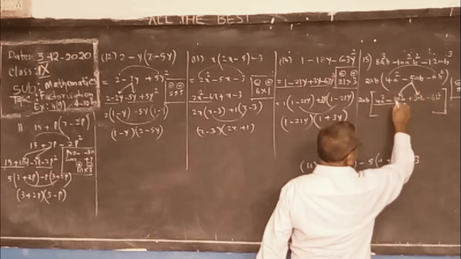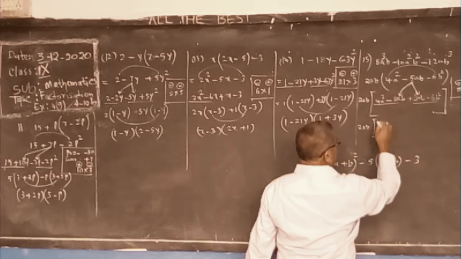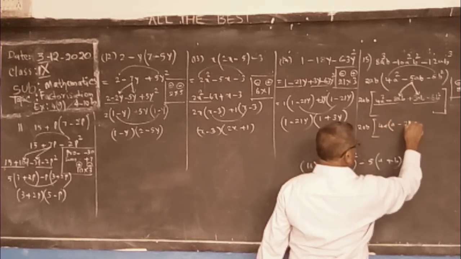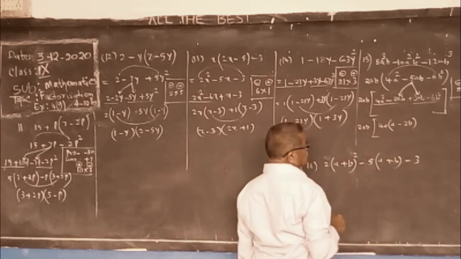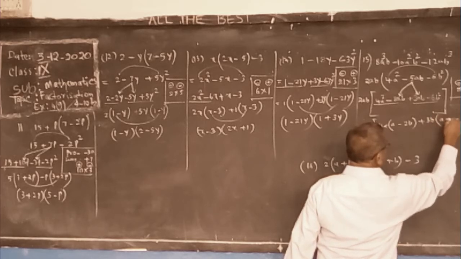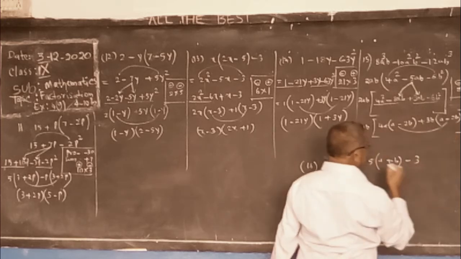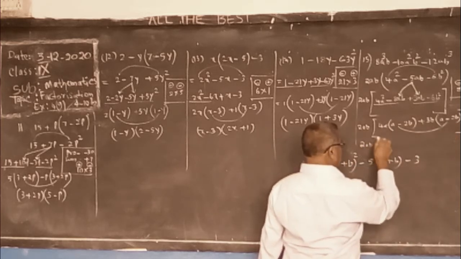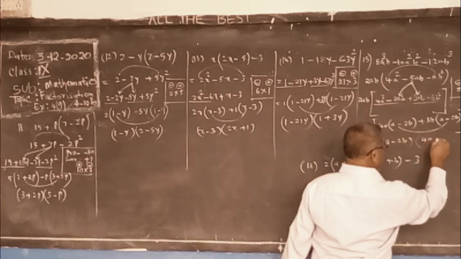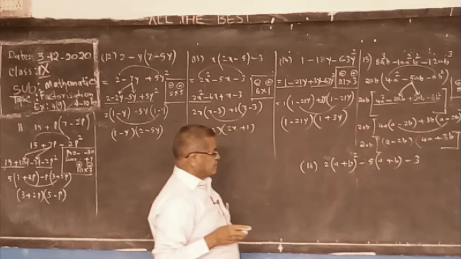Take 4a common here and 3b common here: 2ab of 4a, taking 4a common, here a remains, here 2b remains. Here taking 3b common, a remains, minus 2b remains. So a minus 2b again taking common: 2ab of a minus 2b into 4a plus 3. These are the factors.